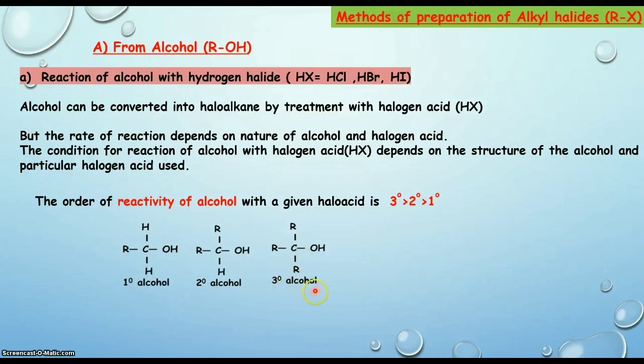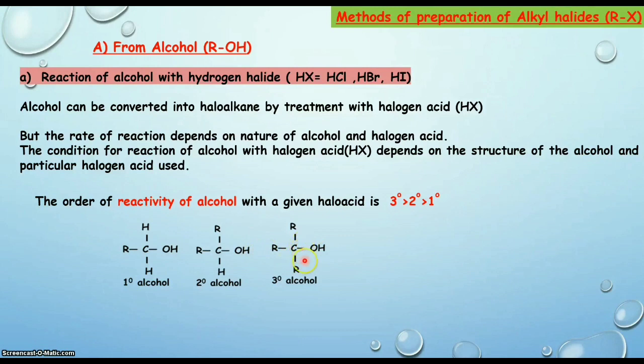In this tertiary alcohol, three alkyl groups are present. That means among primary, secondary and tertiary alcohols, the tertiary has the greatest number of alkyl groups. These alkyl groups are electron releasing groups. The greater the number of electron releasing groups on these alpha carbon atoms, the more it increases the polarity of the C-OH bond.